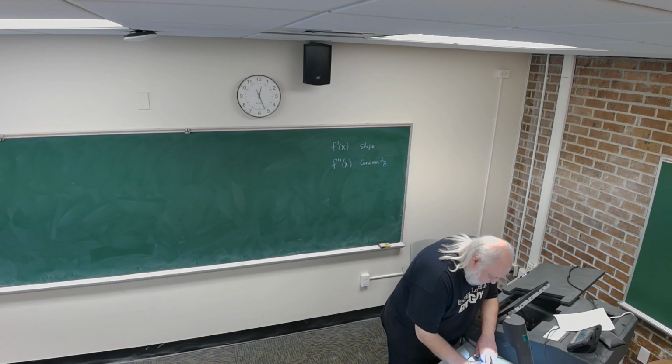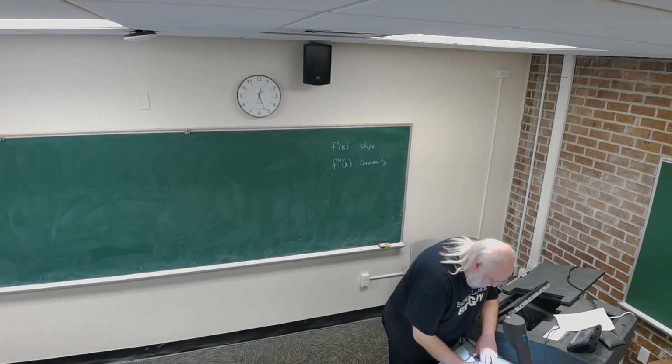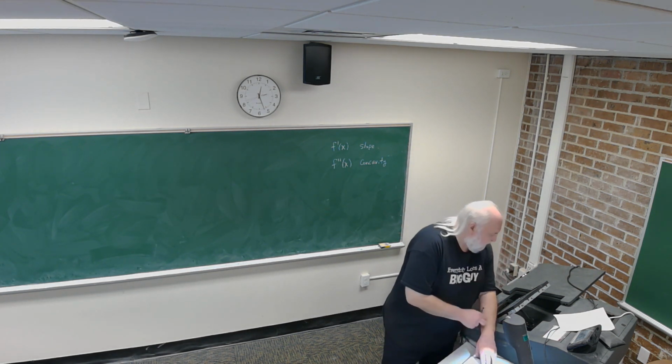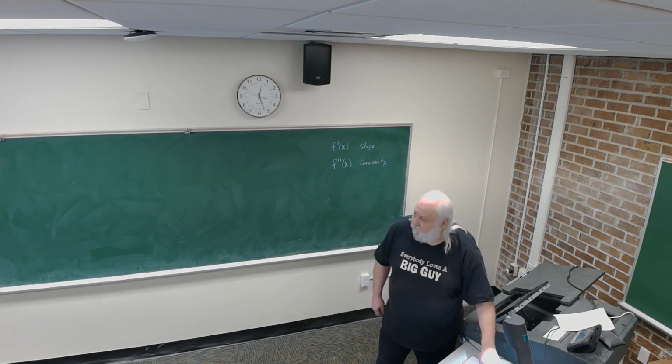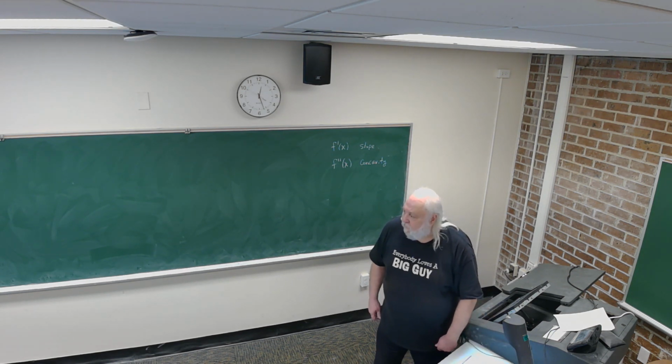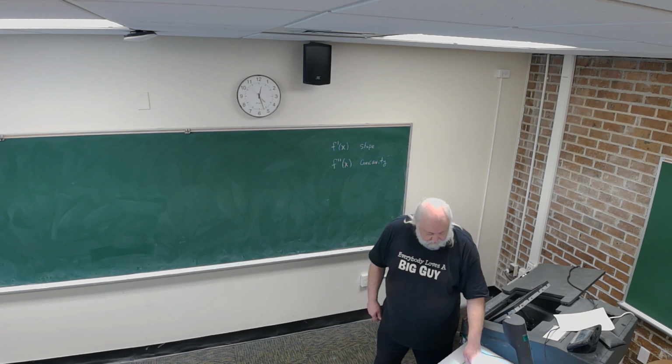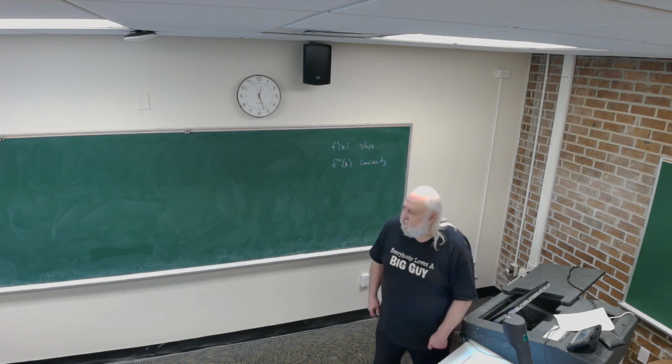So up above, you can see that f prime of x is a decreasing function for x less than 0, and the slope of f prime of x is negative. And that's reflected in the graph of the second derivative. Its values are negative for x less than 0. Okay?